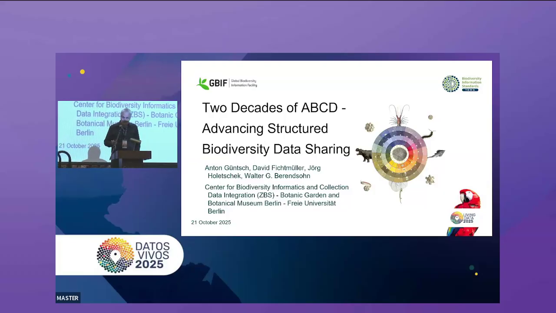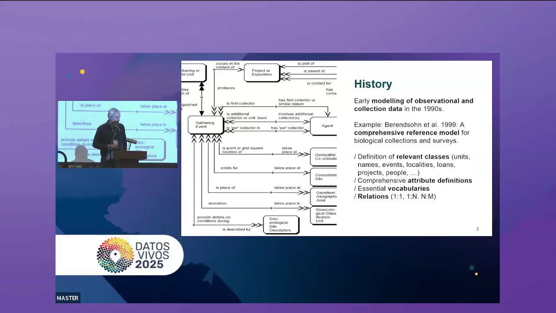And before going to this, I would like to take you back a little bit into the history of biodiversity data models. This is 30 years ago, where this very community put their heads together, scratched their heads, and were working on data models for observational and specimen data.